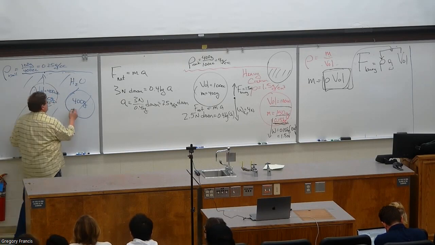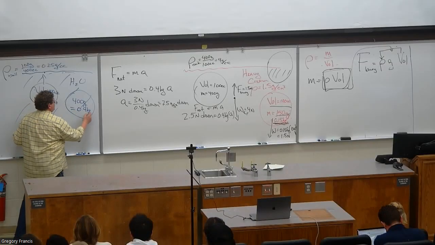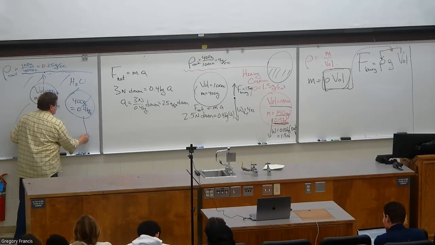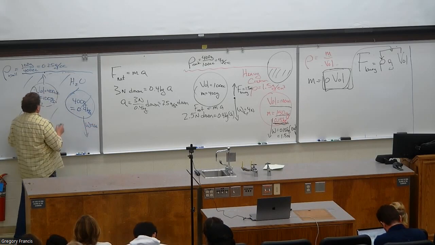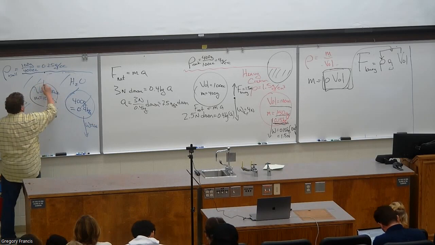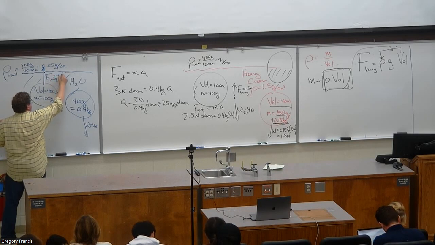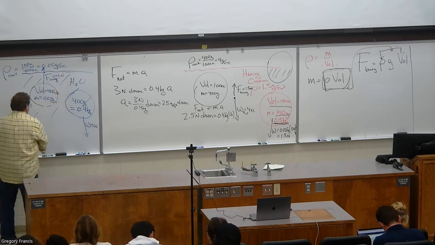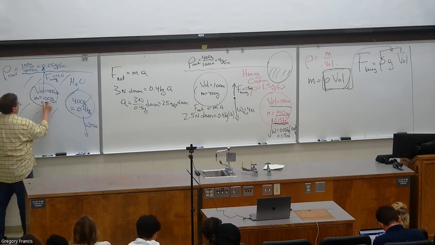And that is equal, here's where I do the conversion, 0.4 kilograms. And that ball of water is going to weigh 4 newtons. And that means that the buoyant force on this is going to be 4 newtons. Well, the weight, I mean, this is 100 grams, which is 0.1 kilograms. That weighs 1 newton.